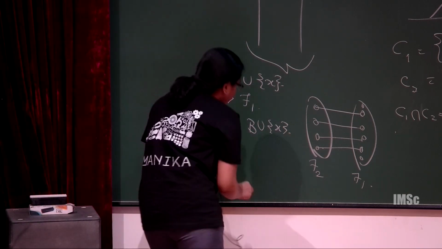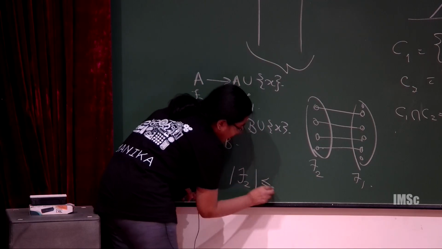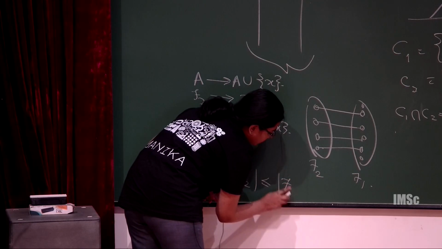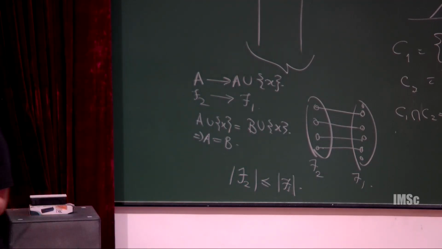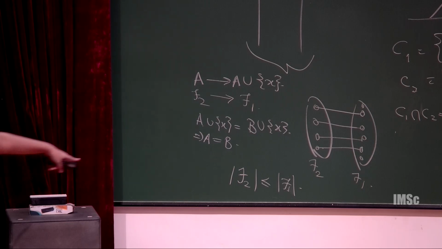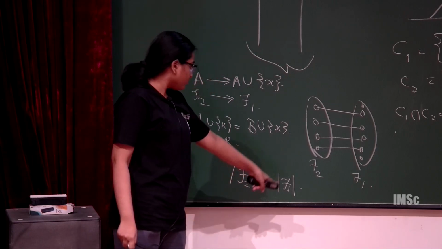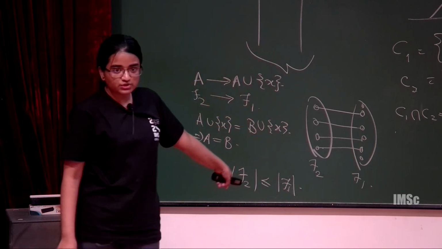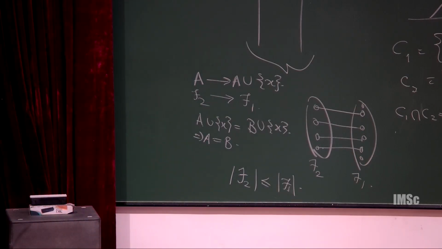That tells us that the number of sets in F2 has to be less than or equal to the number of sets in F1. And we're done, because we partitioned the family into two parts, and F1 has at least as many elements as F2, and F1 is the family of sets which contain X. So X has to belong to at least half of the sets of the family, sorry.